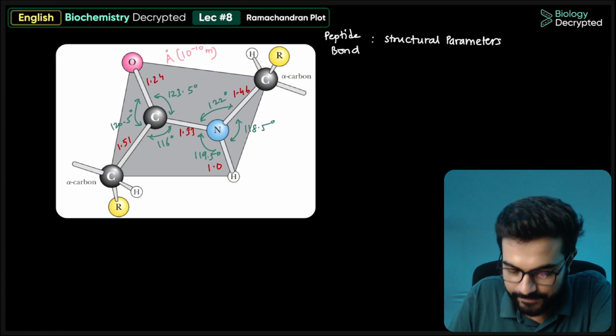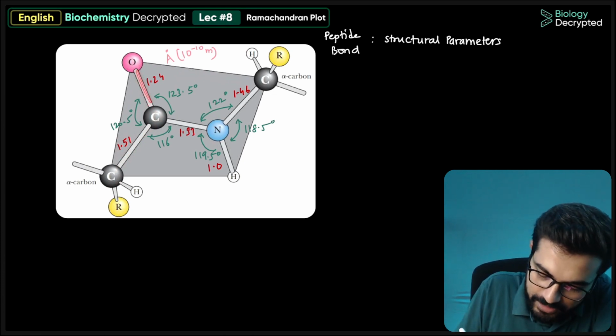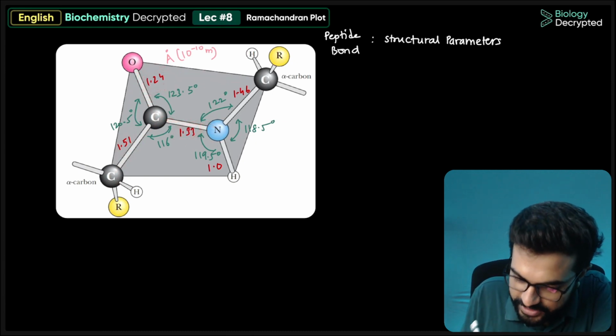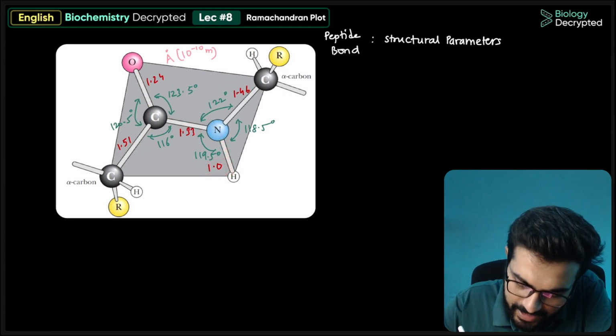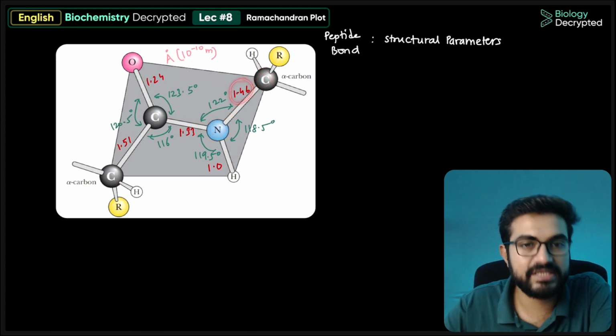You should remember this. The carbon oxygen bond is 1.24 angstrom, the carbon nitrogen bond is 1.33 angstrom, nitrogen hydrogen is 1.0 angstrom, and between nitrogen and the alpha carbon it is 1.46 angstrom.